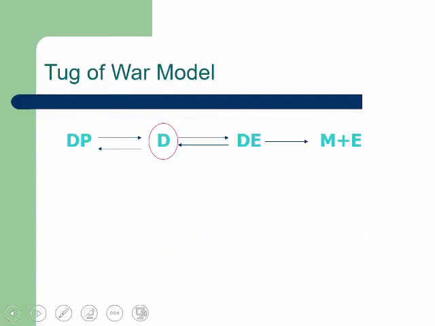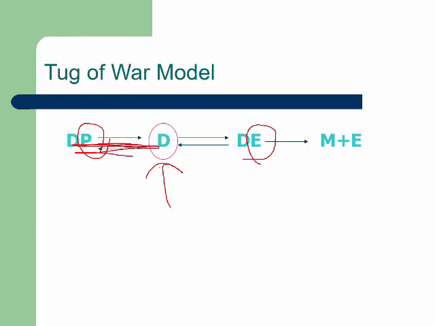So here's our tug-of-war model. There's a tug-of-war for this free drug between the enzyme and the protein. The drug and the protein are in a reversible relationship.